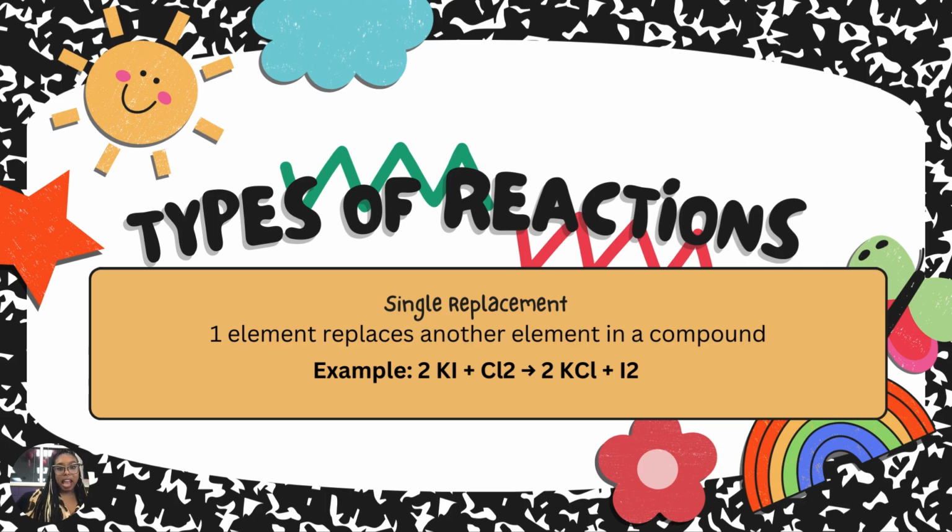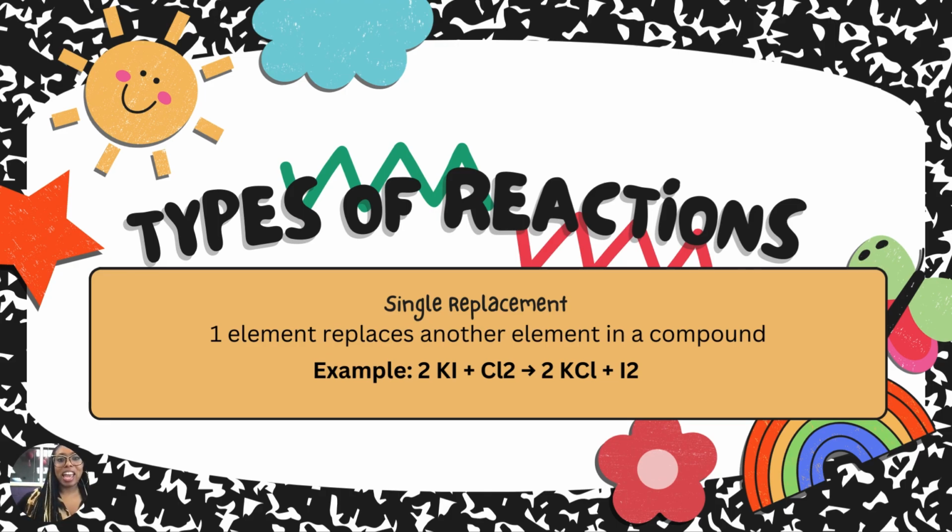All right, next we have the single replacement. The single replacement is when you have one element replacing another element. Ooh, child, this is where things get a little funny.